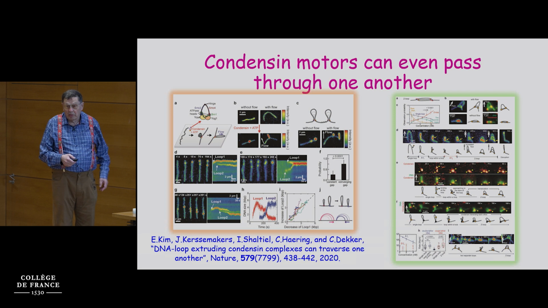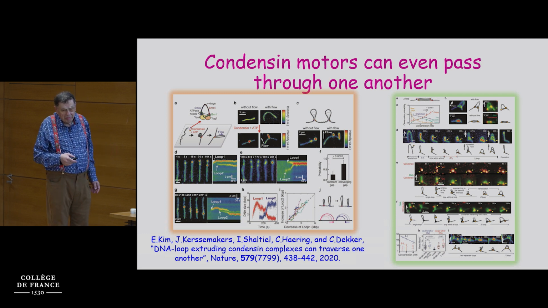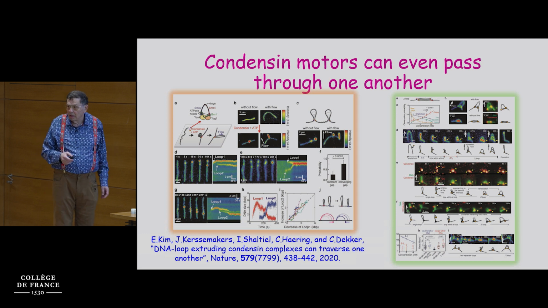I was most surprised by this story, the fact that these condensing motors, they can bypass one another, which is mind-boggling to me, but that's what you see in these pictures. So that's a fact.